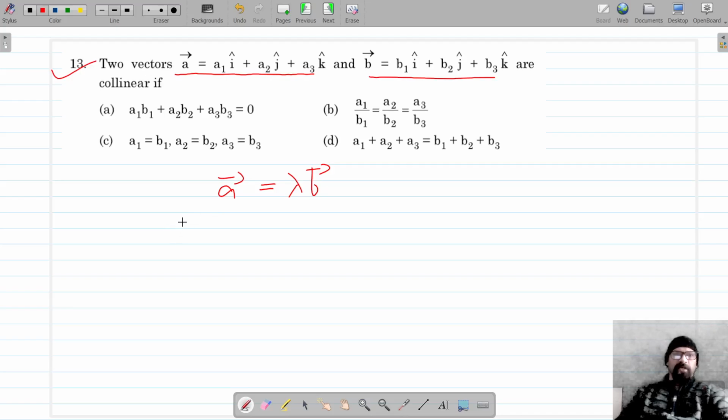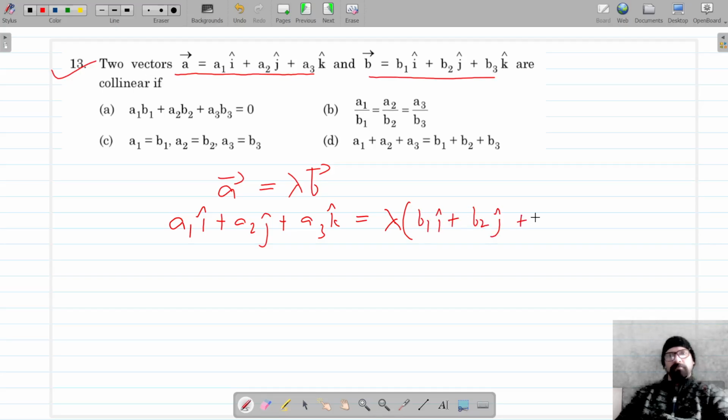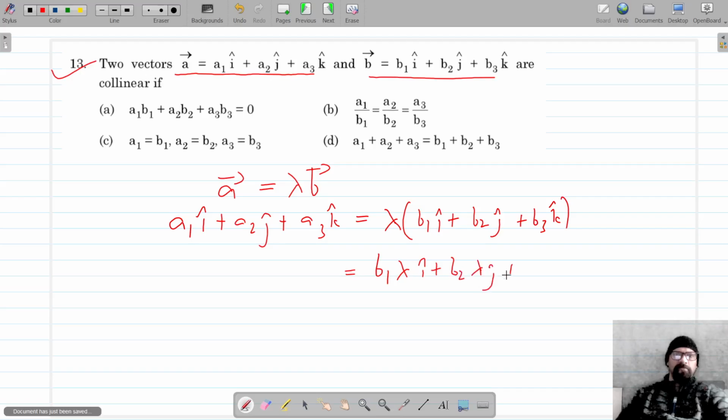Let's say our A vector is A1 i cap plus A2 j cap plus A3 k cap, and lambda B, where B vector is B1 i cap plus B2 j cap plus B3 k cap. If I open this, it is B1 lambda i cap plus B2 lambda j cap plus B3 lambda k cap, and this one was A1 i cap plus A2 j cap plus A3 k cap.